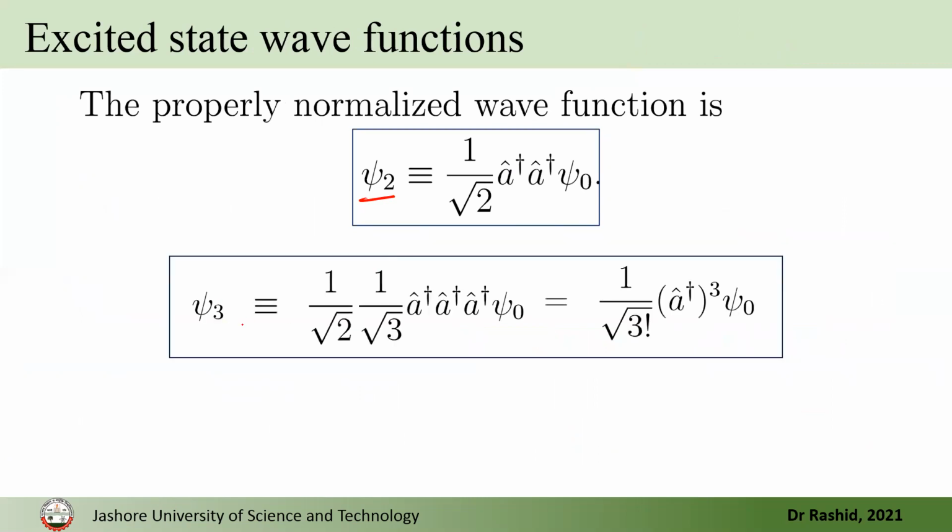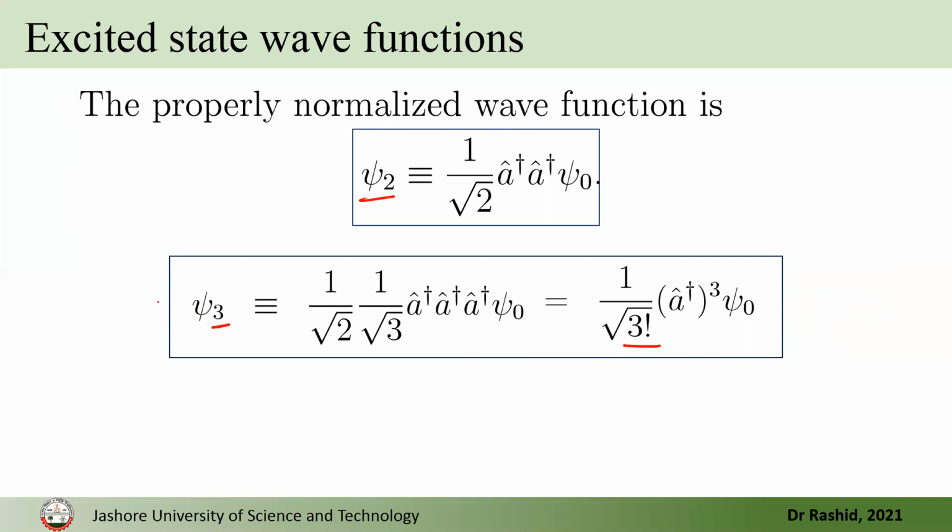And for the third order excited state, it would be like this. So this is difficult to see here, but when you calculate the third and the fourth excited state wave function, you will be able to see easily that this is not 1, 2, this is actually 1 factorial, 2 factorial, and for the third order wave function, this is 3 factorial.